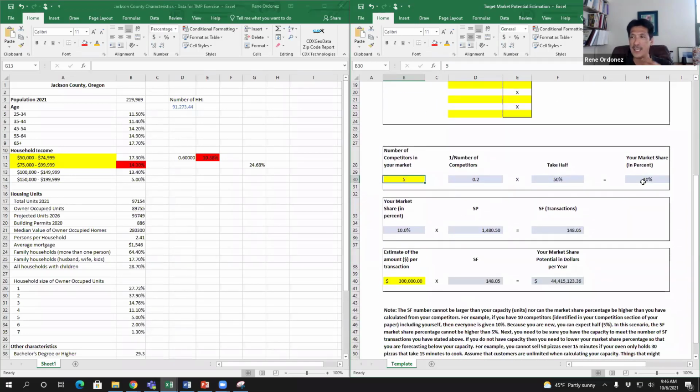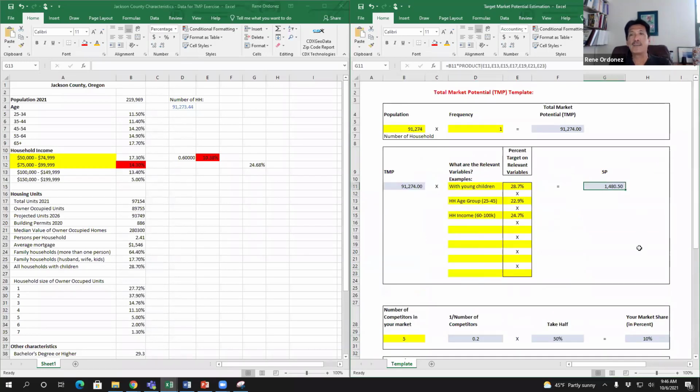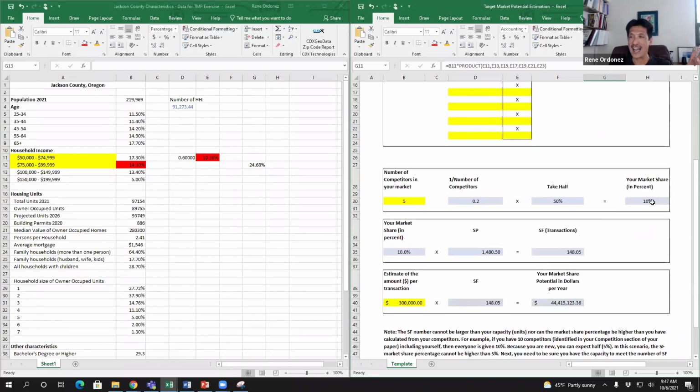So it means that if all of the 1,480 households comprise your target market for this year, and your market share is 10%, you will have 148 households or new constructions for the year.